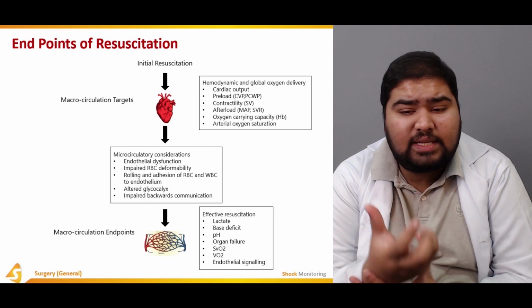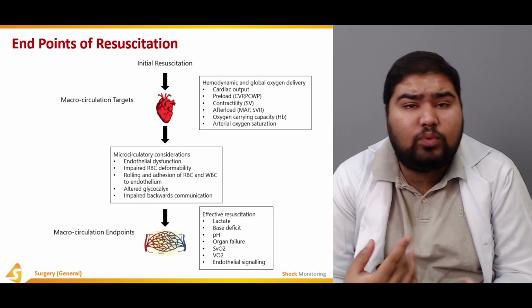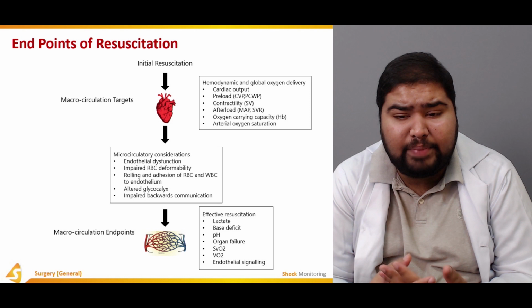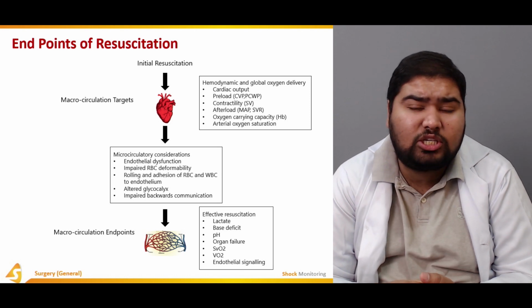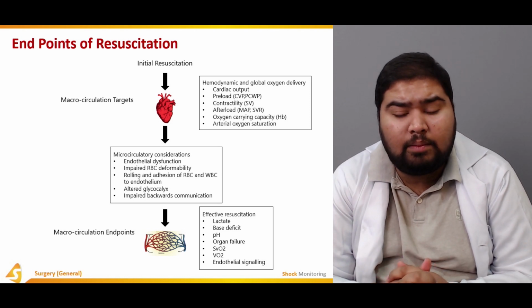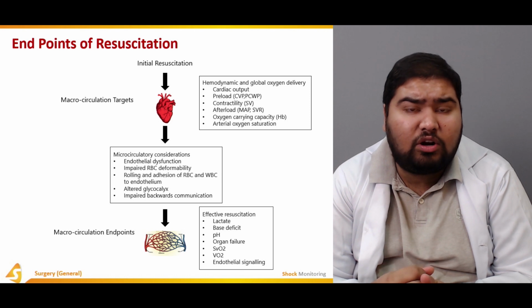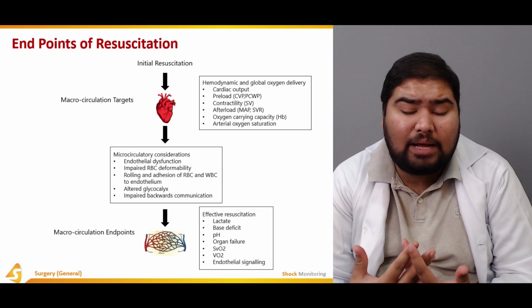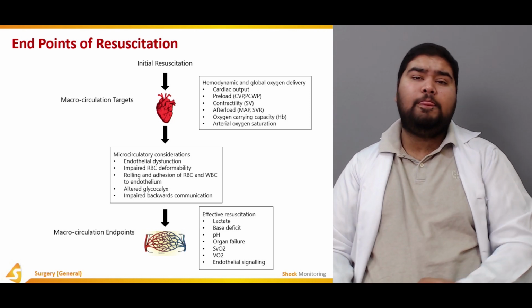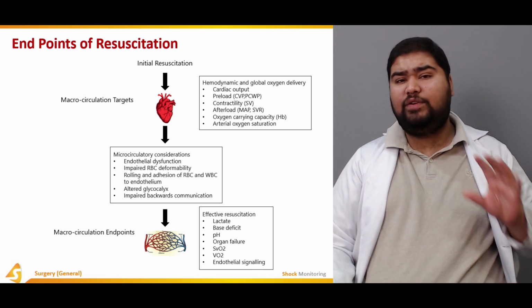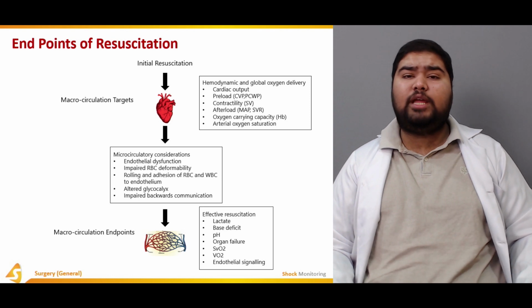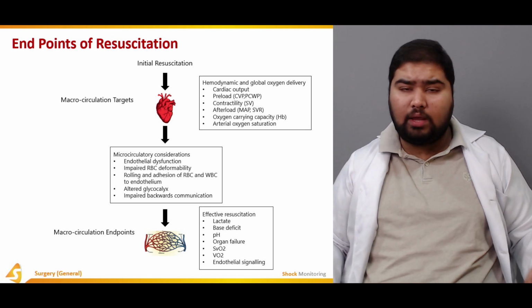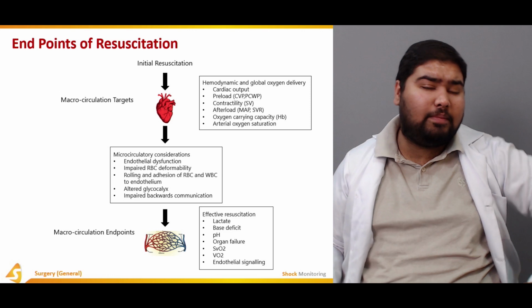Now, effective resuscitation can be checked with the lactate, with base deficit, with pH. The organ failure might be improving, the partial pressures of oxygen might improve, and the endothelial signaling might come back to normal. So, at the end of resuscitation, your patient might not be walking and talking, but the patient might be stabilized.